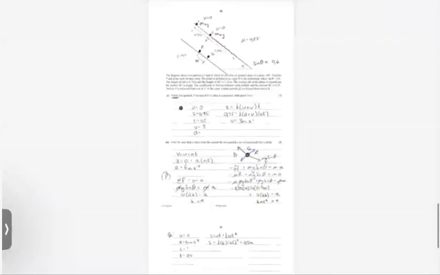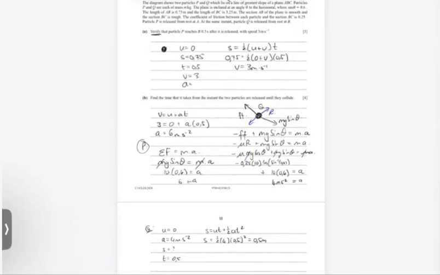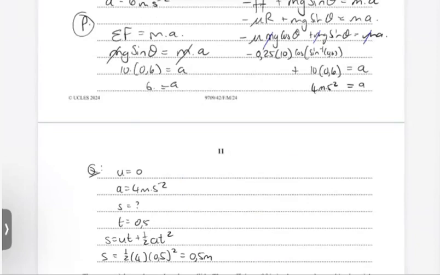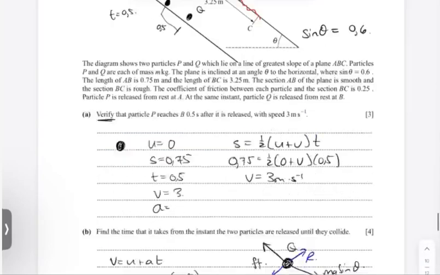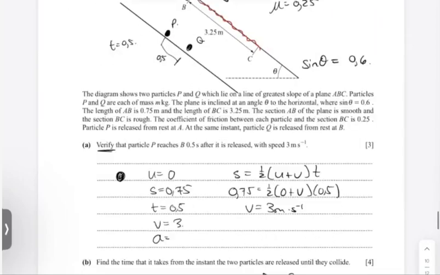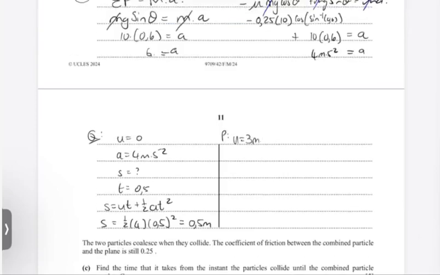Okay, so maybe we must work out what is the speed. No, let's just go particle P. I'm just going to shift this down here and make another column for myself. Okay, so particle P now has an initial speed of 3 meters per second. Now it's accelerating at 4 meters per second squared.